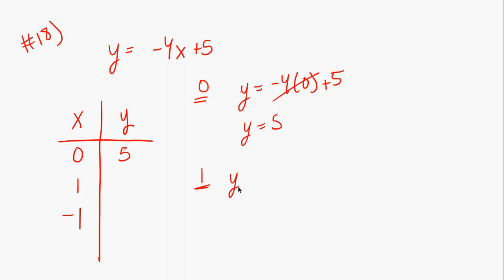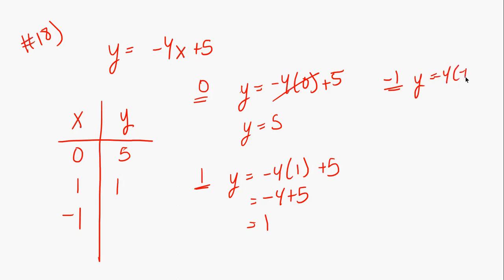Now for x equals 1, we have y equals -4 times 1 plus 5. That's -4 plus 5, which is 1. So our y value is 1. And then we try our last one, and that gives us y equals -4 times -1 plus 5.